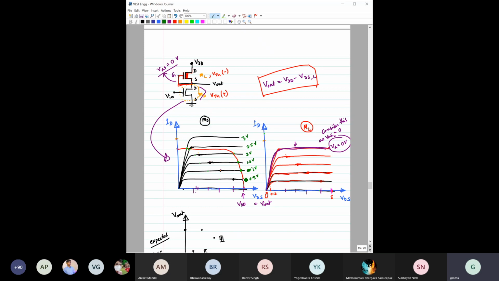So what I'm trying to say is that from 2 volt, when you increase it to 2.5 volt, see, earlier the output voltage was this much, right? This is 0 from here till this much, right? And all of a sudden, when you change this input voltage from 2 to 2.5 volt, the output voltage changes from this much to this much.